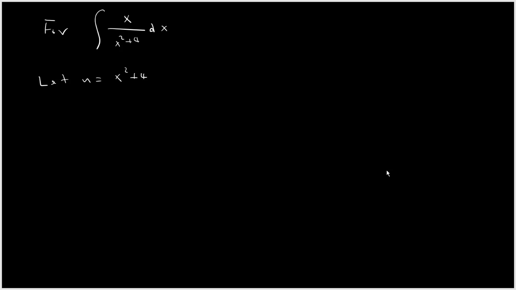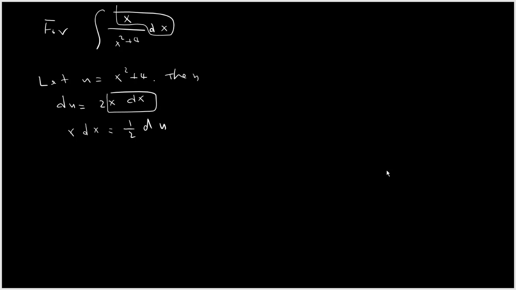Okay. You compute du. Du is 2x dx. So do you see that box in here? So that's how it works, right? So the expression in the box, you have half of du, right?